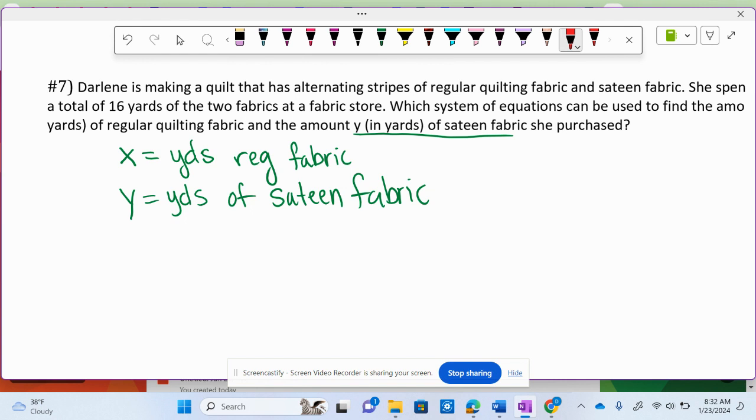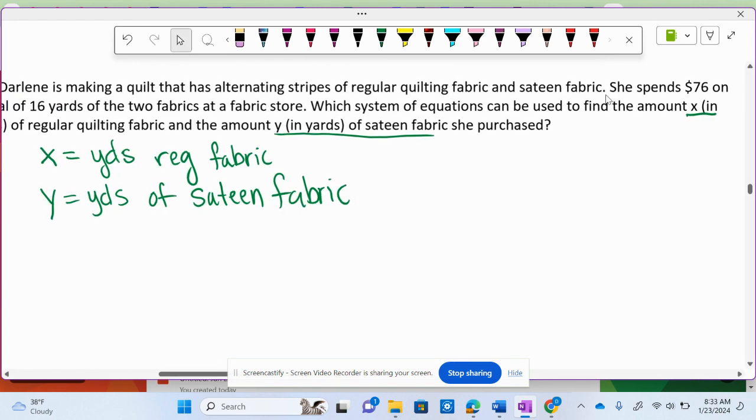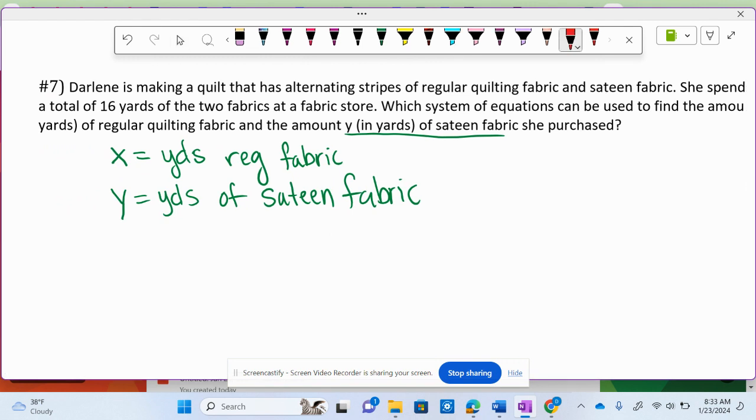She spent how much money? She spent $76. So that means however many yards of the regular fabric plus however many yards of the sateen fabric cost $76. Okay.